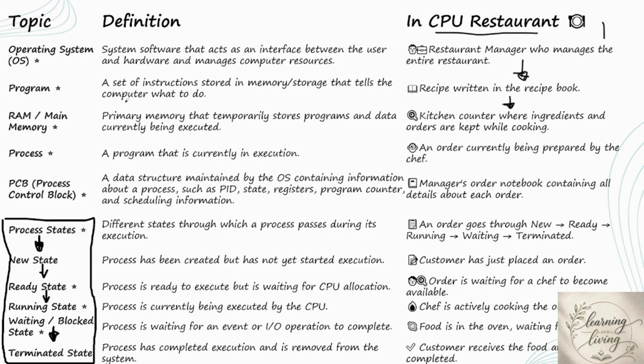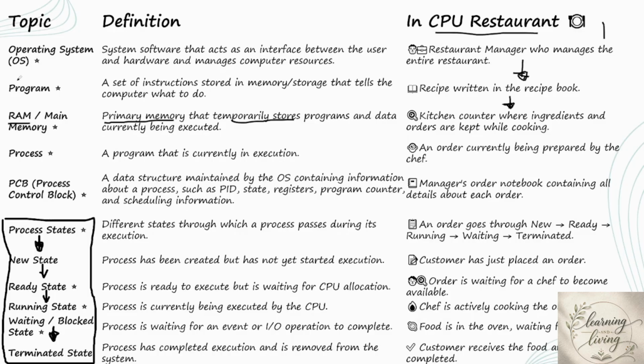For example, we take the ingredients from the storeroom and bring them to the kitchen counter. That is called RAM. Whatever is going to be used in the orders mentioned, we put on our counter. That is the primary memory. To temporarily store programs, we use RAM.